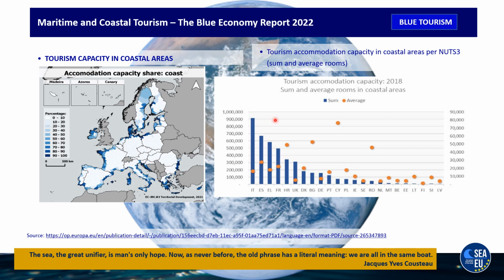As you can see in this figure, when looking at absolute values, Italy is the European country with the most accommodation capacity in coastal areas with 960,000 rooms, followed by Spain, Greece, France, and Croatia. But among the coastal countries, the ones with the least are Estonia, Lithuania, Finland, Slovenia, and finally Latvia, with 8.5 thousand rooms.